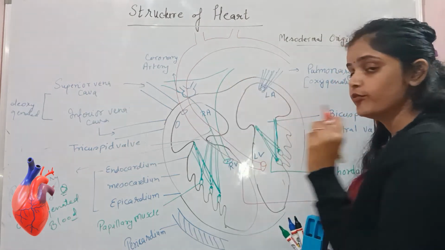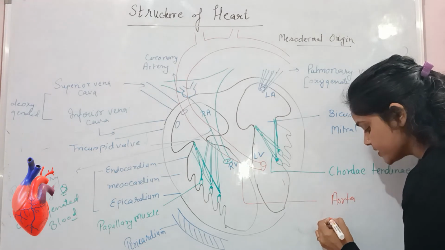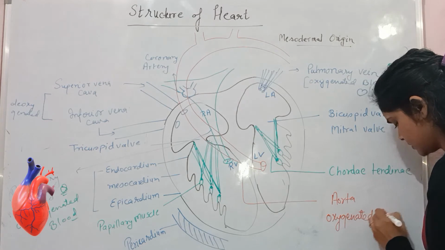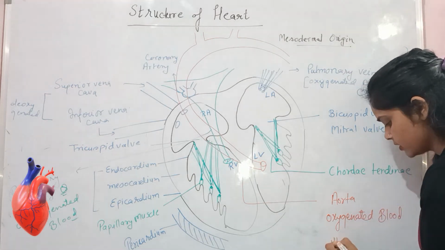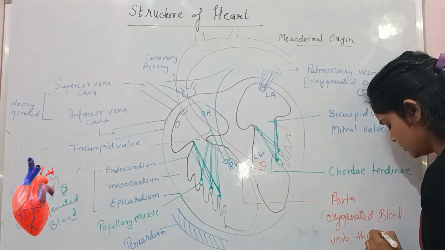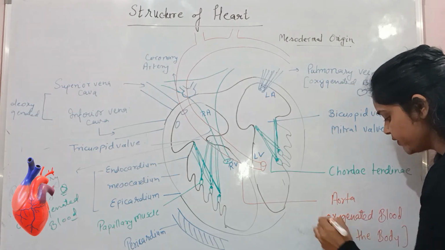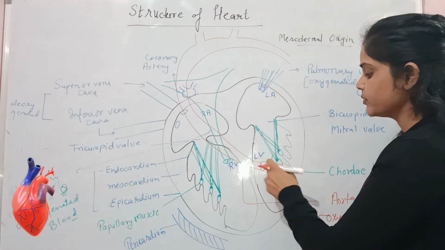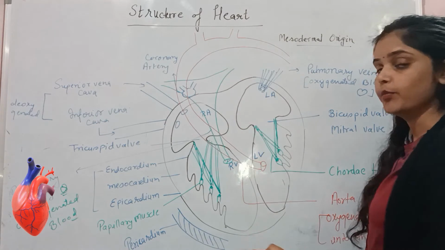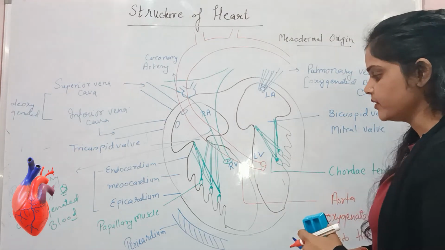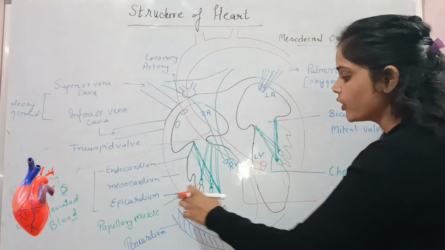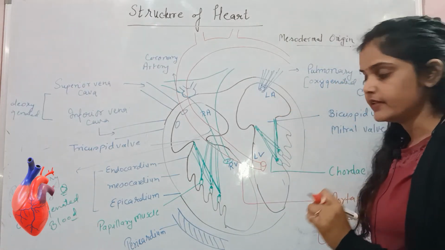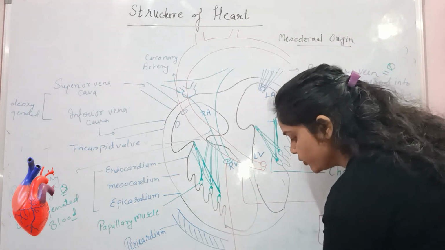What is that? Aorta, which is supplying what? Oxygenated blood into the body. So the aorta has oxygenated blood, and this oxygenated blood is taken up into the body with the help of this. Again, always remember one thing: at the surface of the aorta or at the surface of the pulmonary artery, always and always valves are present, and these valves are known as what? The semilunar valve.